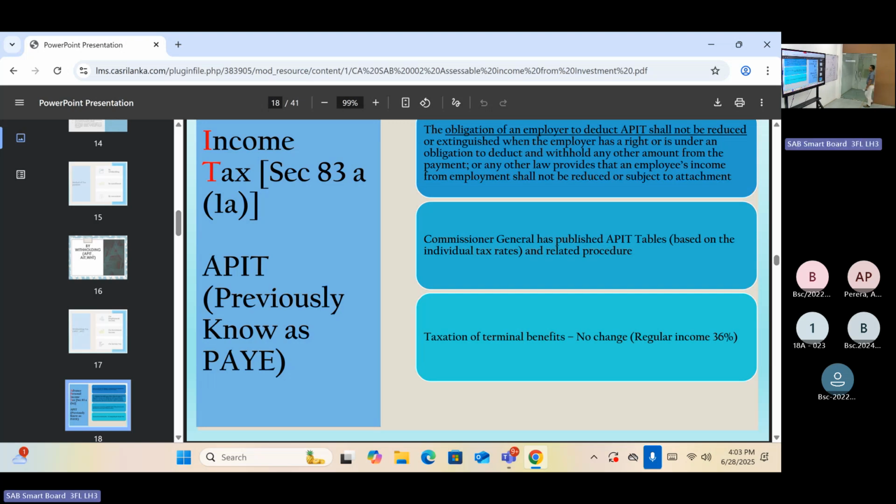EPF, if the fund is approved, is also tax exempt. ETF, only 3% is liable; the investment return is not liable. It says after 1/4/1987. The compensation for loss of office we consider here if it is a uniform scheme.